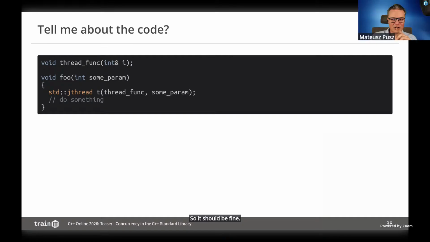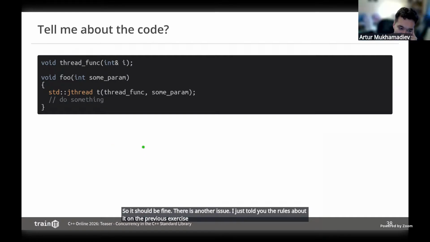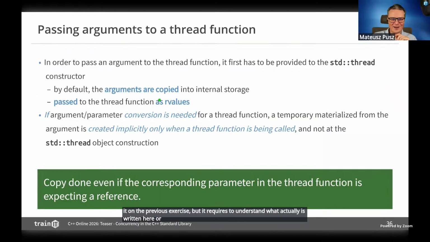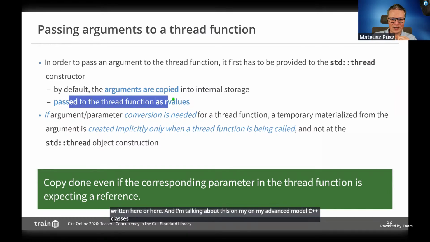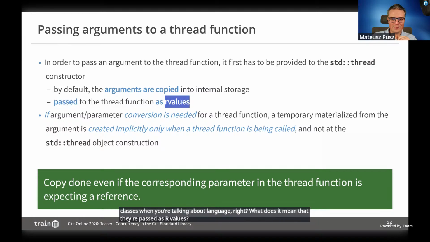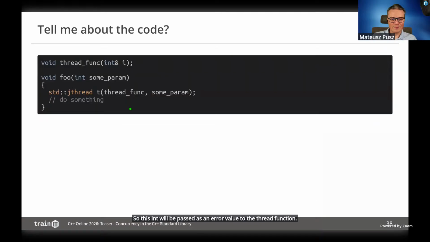There's another issue. I just told you the rules about it in the previous exercise. It requires understanding what is actually written here or here. I talk about this in my advanced modern C++ classes when we're talking about the language, right? What does it mean that they're passed as values? So this int will be passed as an rvalue to the thread function.